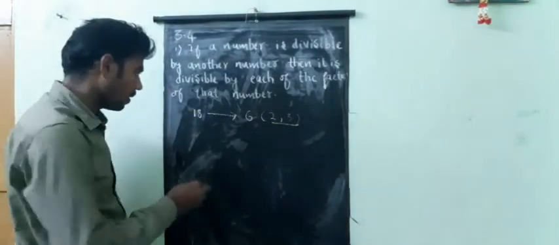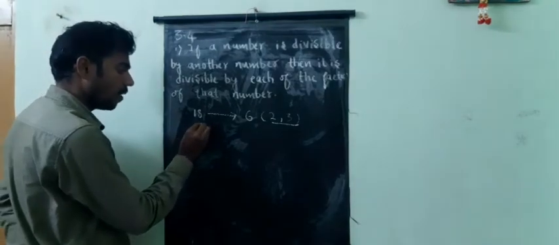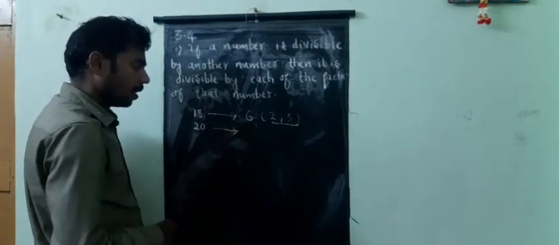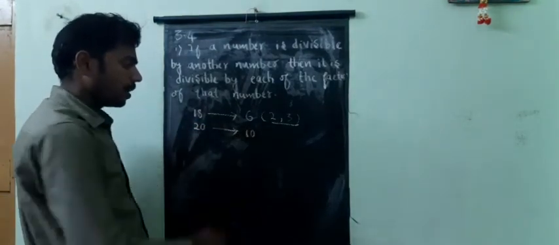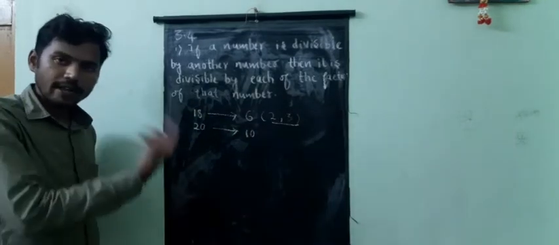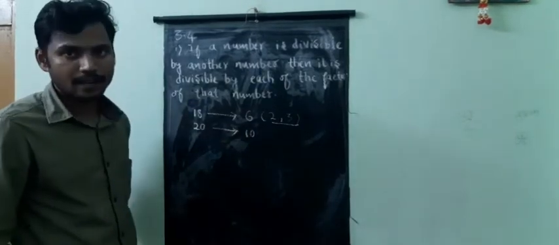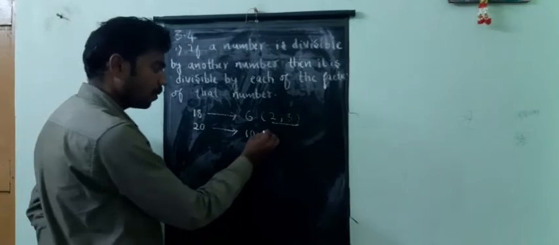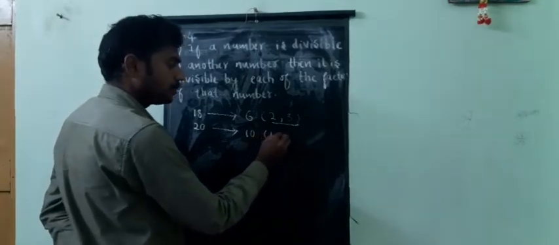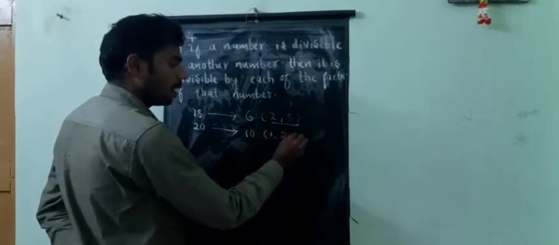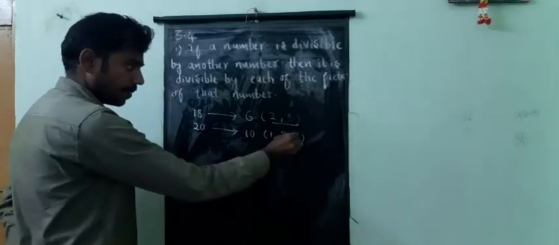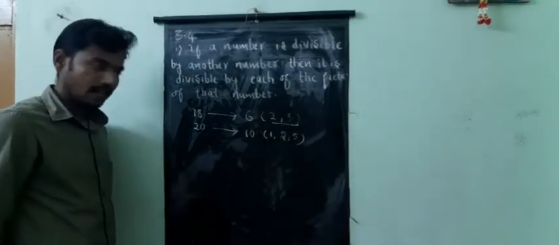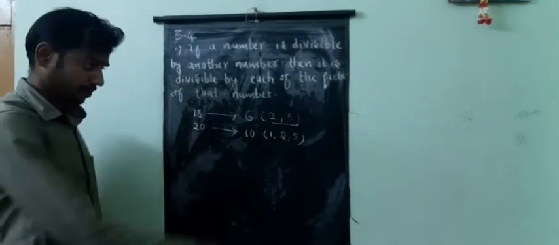I will take one more example, 20. 10 is a factor of 20 because 10 twos are 20, it is dividing 20 exactly. So what are the factors of 10? 1, 2 and 5. Does 1 divide 20 exactly? Yes, it divides 20 exactly.